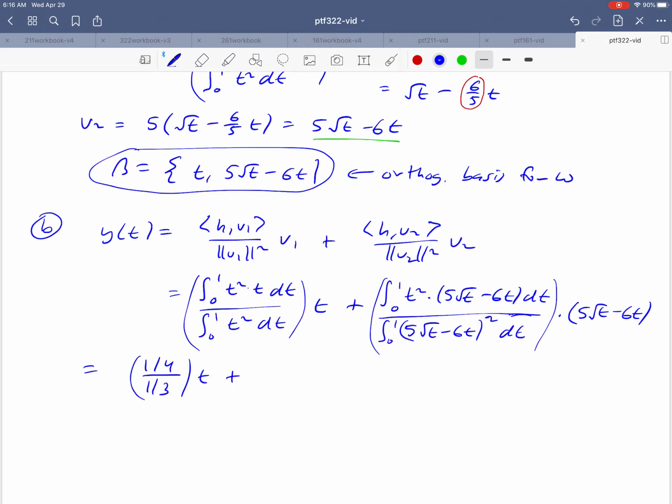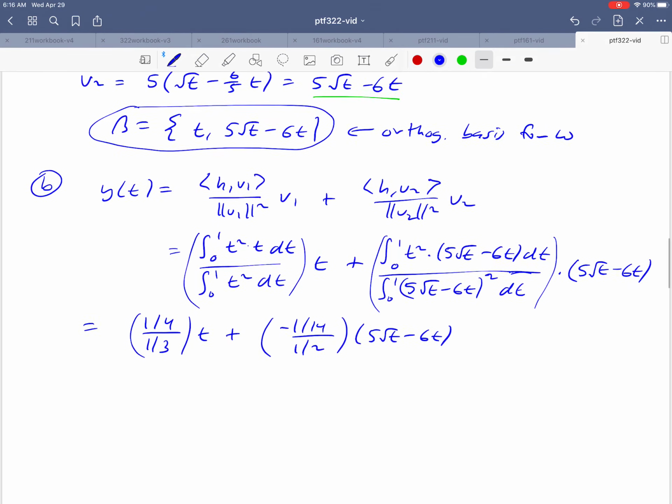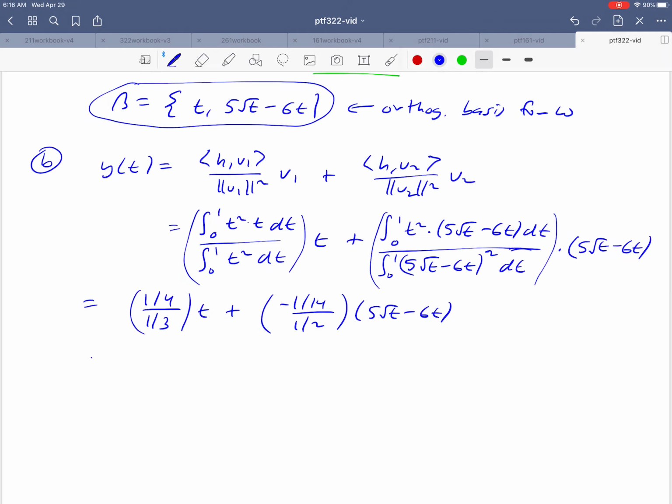And then over here, you're going to get a negative 1 over 14 in the top and a 1/2 in the bottom. That's going to be times 5 root t minus 6t. Okay, and the rest is just kind of arithmetic here. So 1/4 over 1/3 reduces down to 3/4. Okay, and then over here, those reduce down to negative 1/7.